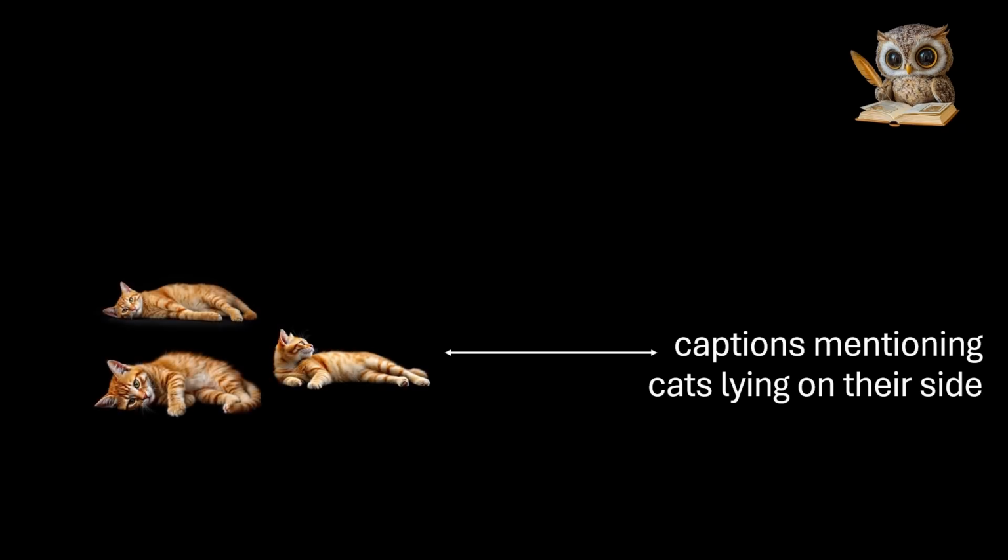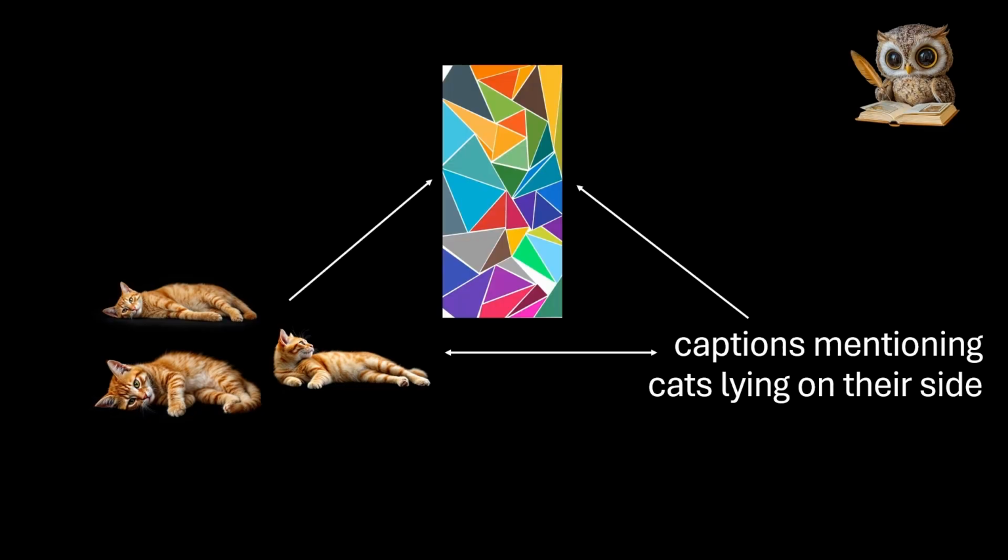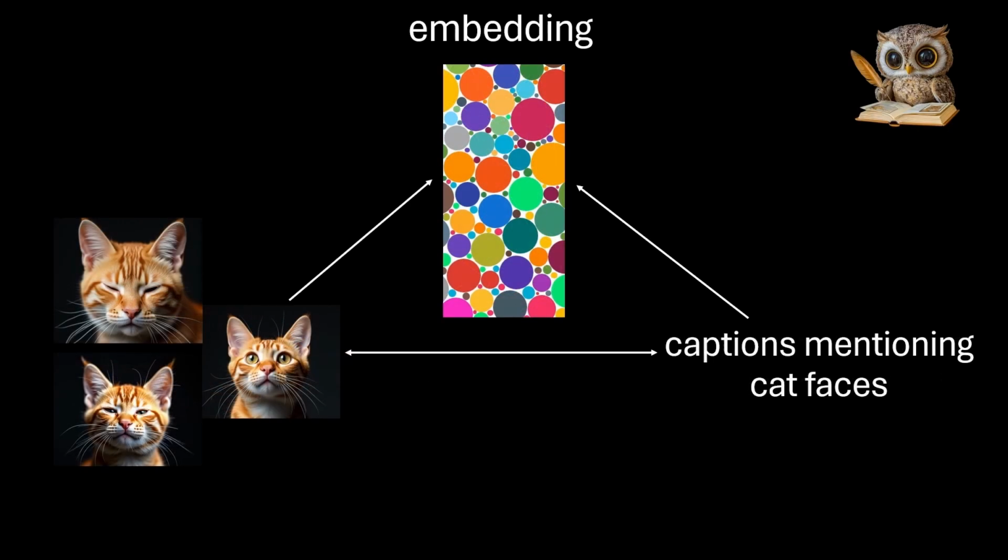Cliff develops his own complex representation of the features found in the captions, the features found in the images, and the correlations between them. This representation is called an embedding. Using this embedding representation, Cliff is trained to predict whether a given caption goes with a given image.